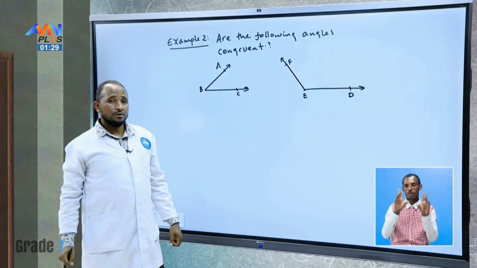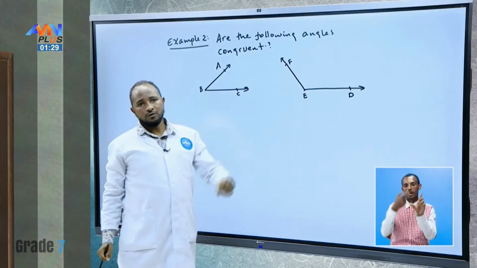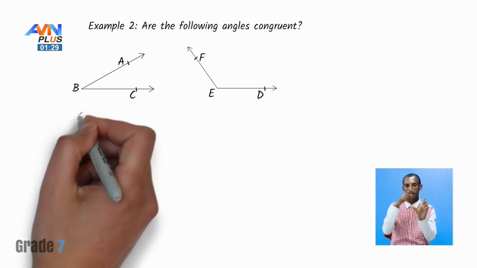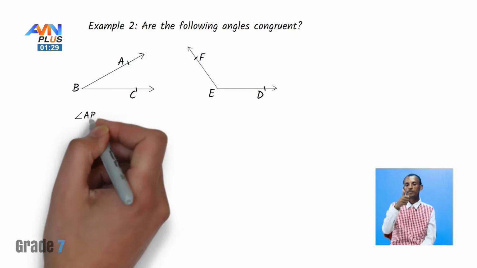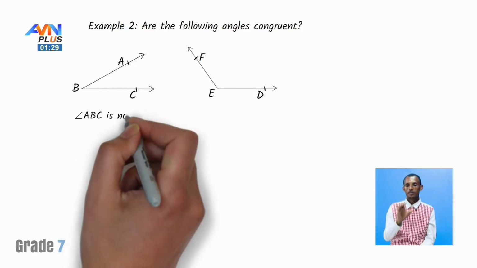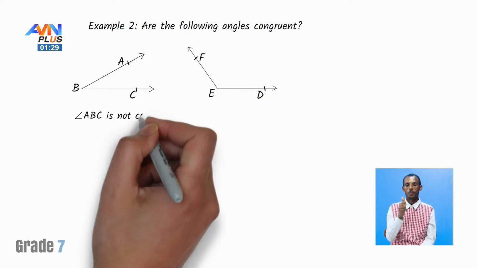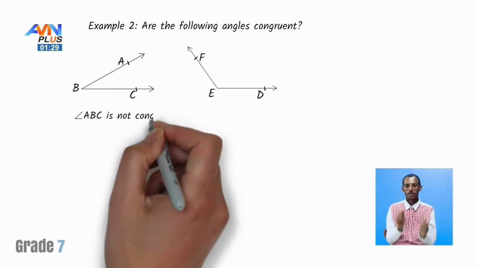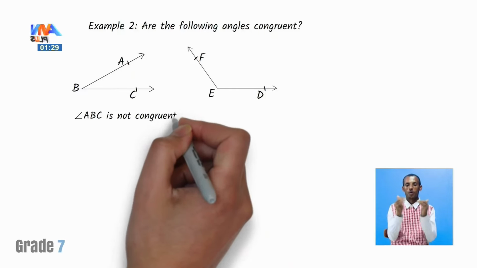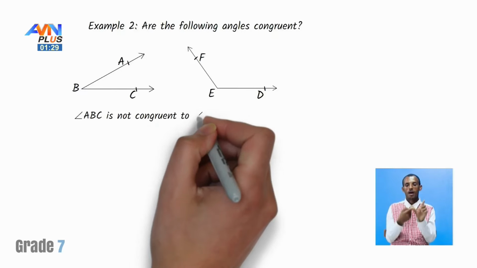No. These two angles are not congruent. Angle ABC is not congruent to angle FED.